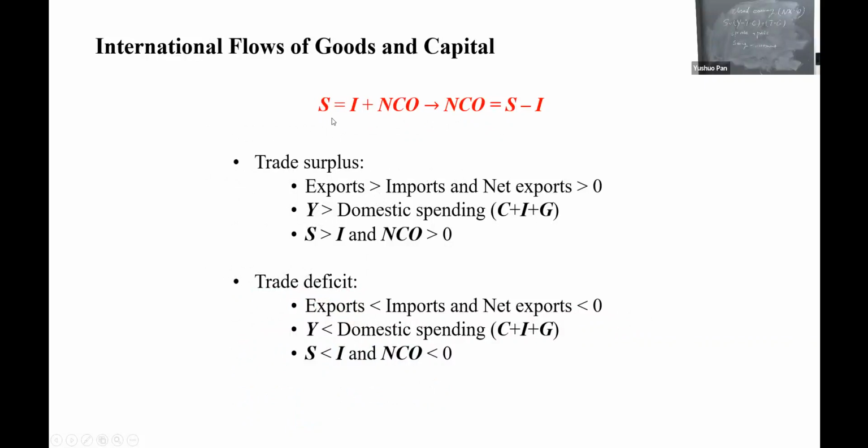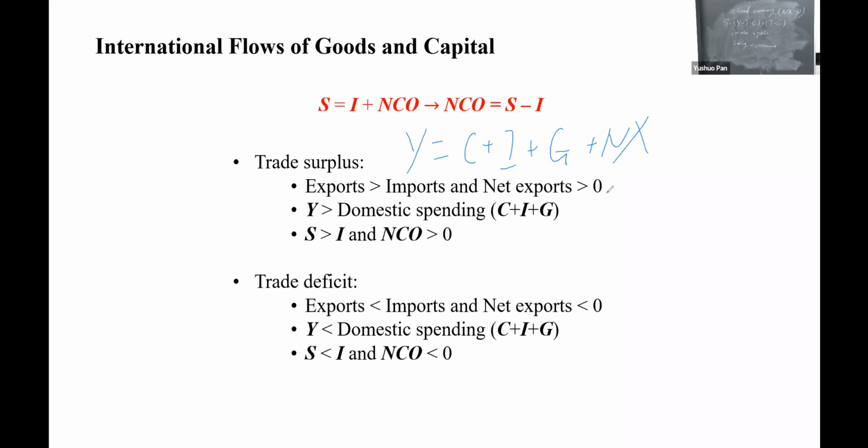In the last slide, we have S equal to I plus NCO, and if we change the position between S and NCO, we can get NCO equal to S minus I. And if a trade surplus happens, which means exports are bigger than imports, then exports minus imports is bigger than zero. And remember Y equals C plus I plus G plus NX.